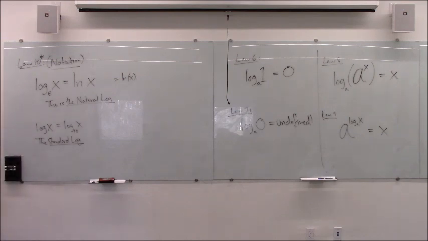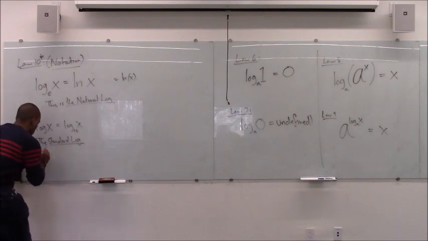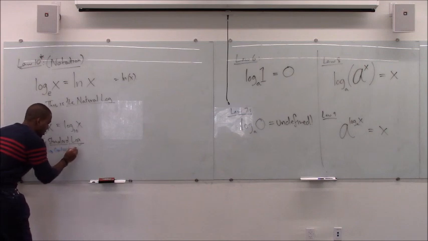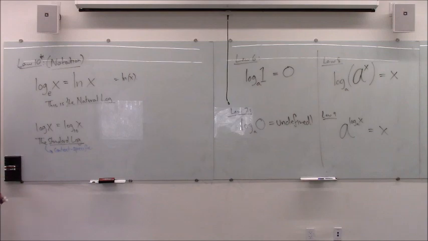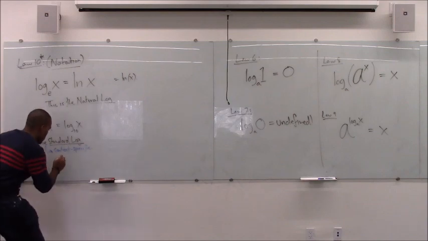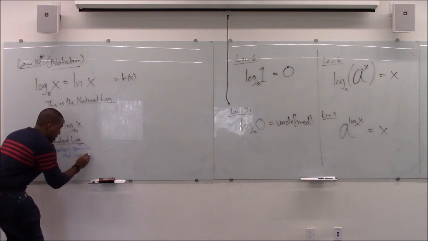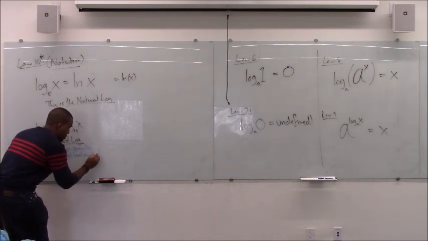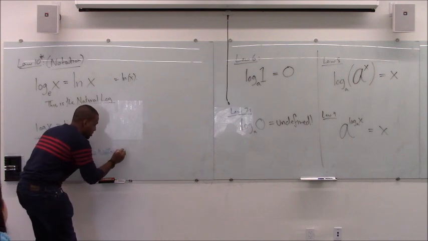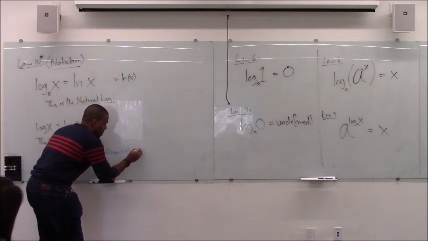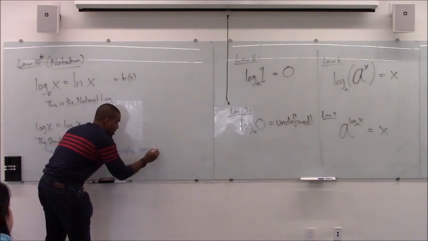One thing is worth mentioning: this is context specific. Not writing the base can mean different things in different contexts. In high-level math and Wolfram Alpha, which I mentioned to you on the syllabus, whenever you see LOG, it actually means ln.